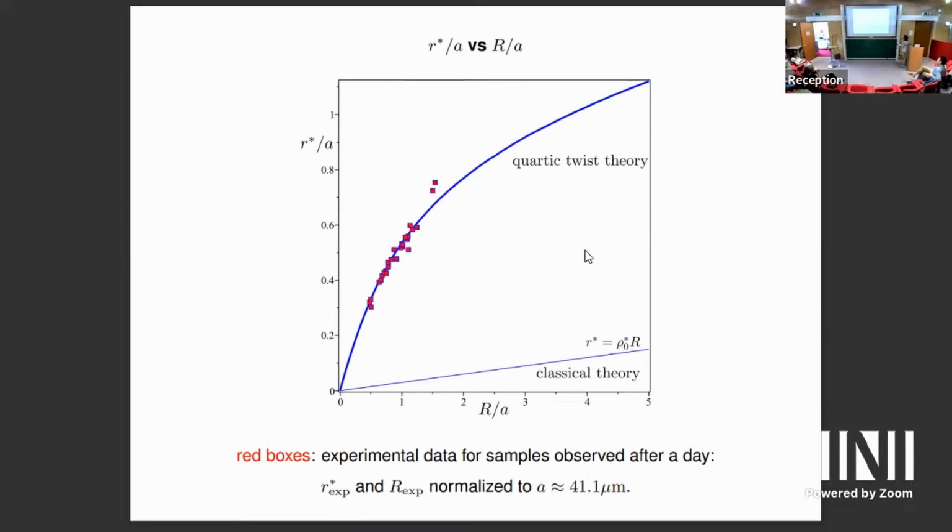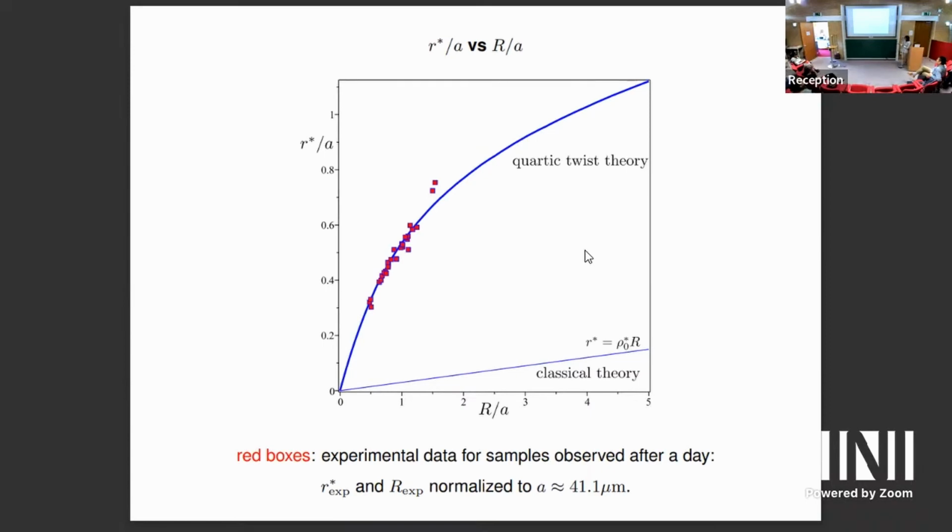And indeed, our theory can theoretically predict the dependence of R star on R, both divided by this value of A, and so it does not depend on the particular value of A. I recall that we have found two other estimates for the value of A, also for the samples which are newly done, and those samples observed after 2 days.